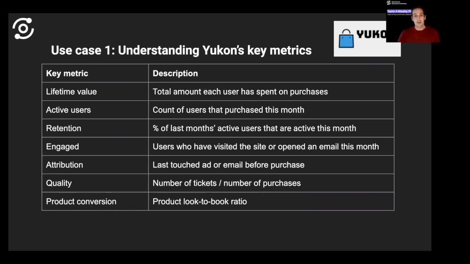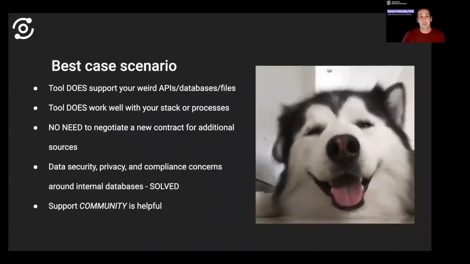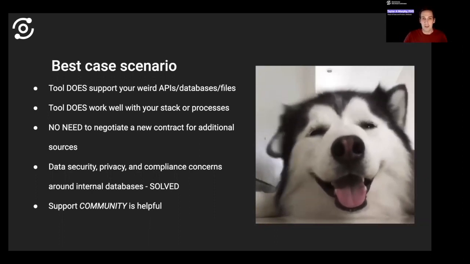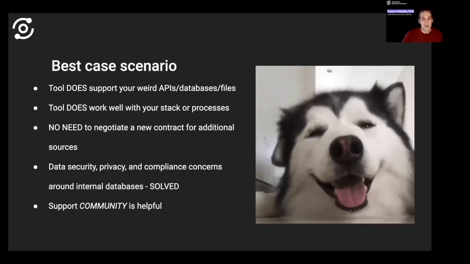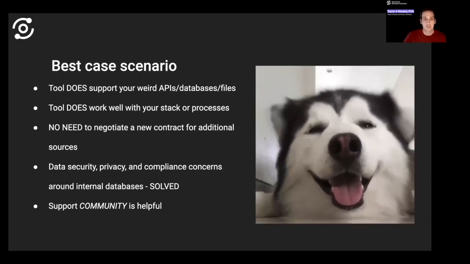So by choosing a tool that's open source, standards-based, and data ops first, you're building a strong foundation. And when you have a strong foundation, you're achieving this best case scenario. You have a tool that's able to support a bunch of different APIs. It works with your stack because it's flexible and you can iterate on it. You control it, so there's no need to negotiate new contracts just for additional data sources.